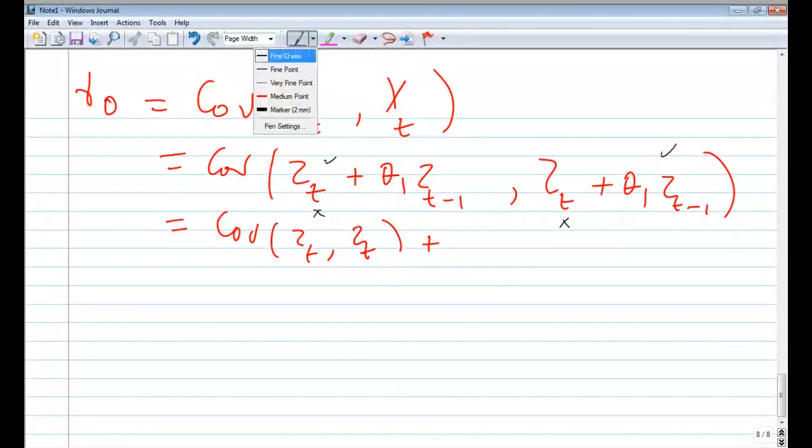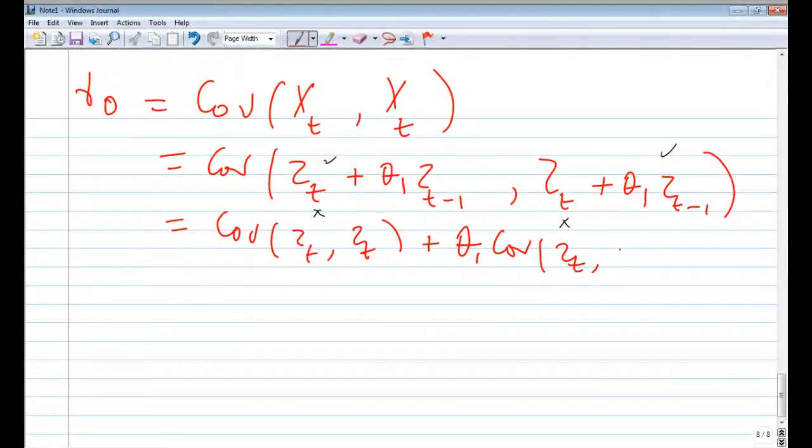Find the covariance of that. Then you get what? Because theta 1 is a constant, take it out as a constant. Theta 1, then the covariance of zt, zt minus 1. You see it.